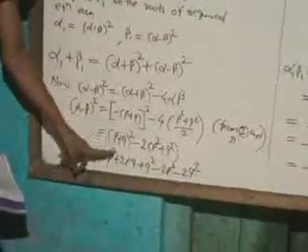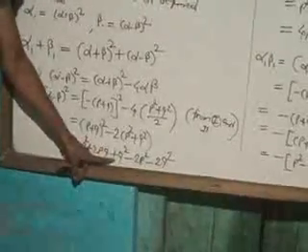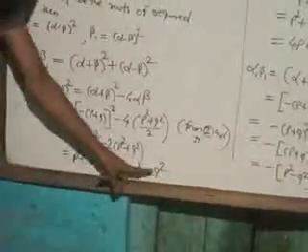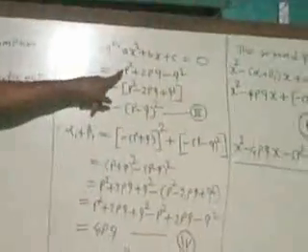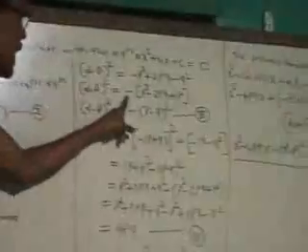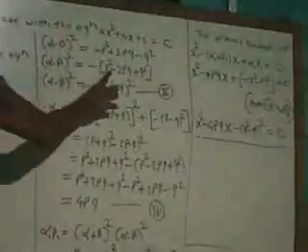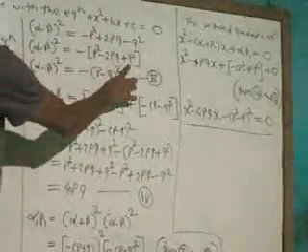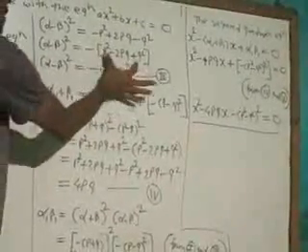Bracket square, p square plus 2pq plus q square minus 2p square minus 2q square, p square minus 2p square minus p square plus 2pq, q square minus 2q square minus q square. Here minus sign common, p square minus 2pq plus q square. Therefore this is the square number, (a minus b) bracket square, (p minus q). Therefore (alpha minus beta) bracket square equal to minus (p minus q) bracket square.